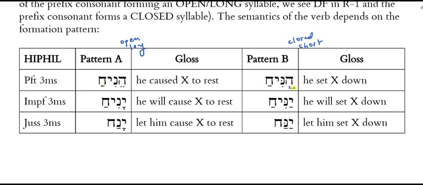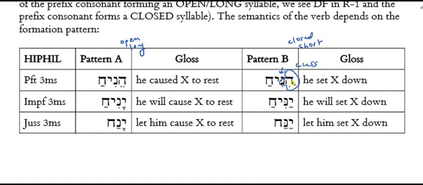What's different in pattern B is that the hey prefix has gotten a dagesh forte into root 1, the nun, and together this forms a closed unaccented syllable, right? The accent's on the niach. So when I have a dagesh forte here, this is closed and unaccented. I need a short I-class vowel, so I got to have a kirik rather than a sere.